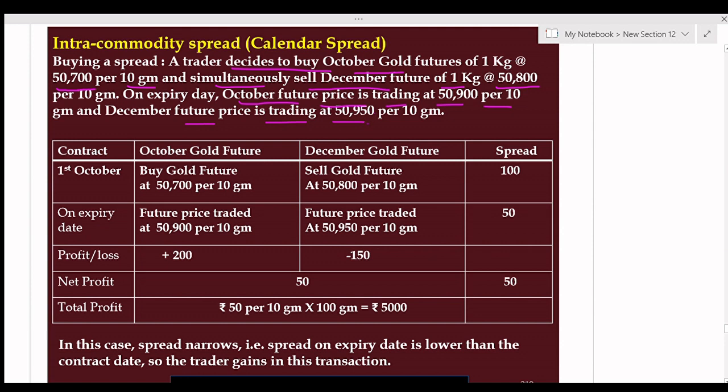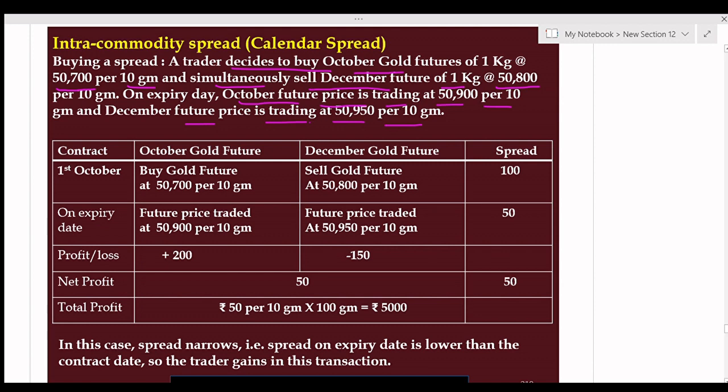Here, this is a calendar spread because the underlying asset is the same. That is, here it is gold, and the futures are October and December. Long future on October and short future in December.